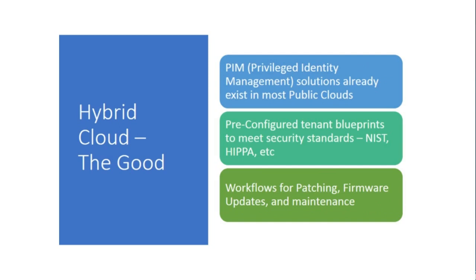Now, some more items that flow into our discussion of the good areas of hybrid cloud. One thing that's very important are the pre-configured security baselines or configurations, the blueprints that are out there. Most of us have to comply with either some external regulation, whether it be HIPAA or HITECH, any of that, or internal obligation.